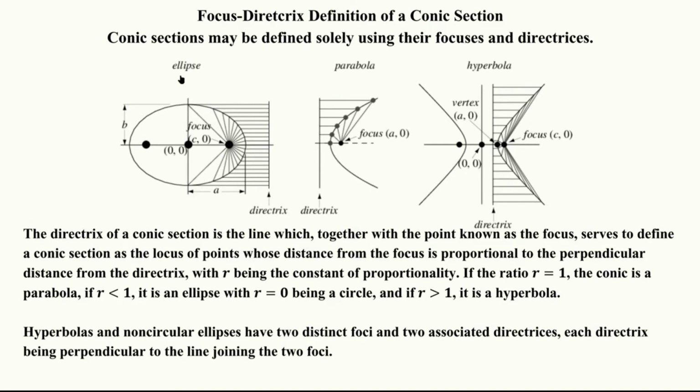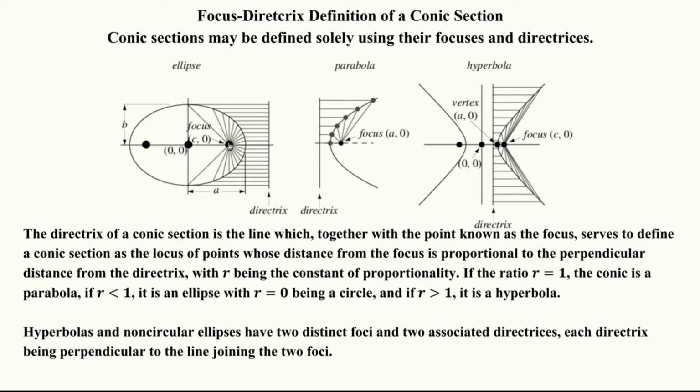Notice that both the ellipse and the hyperbola, because they have 2 focuses, they're also going to have 2 directrixes. Okay, so here is one of them shown here. The other one will of course be on the other side, and the same goes with the hyperbola. We're showing one directrix here, and we'll have another one on this side.